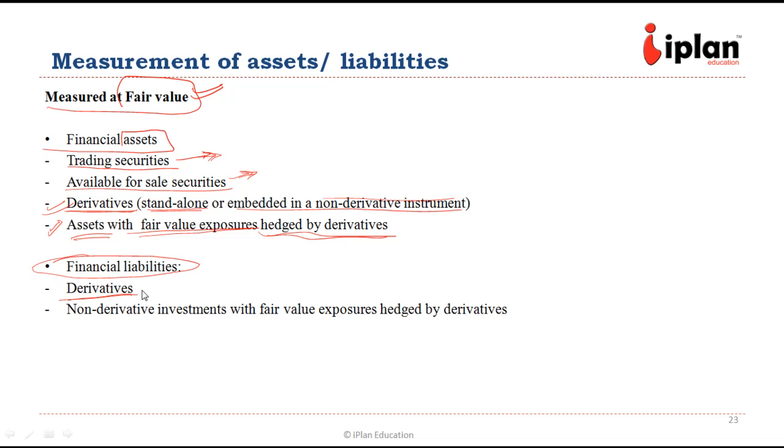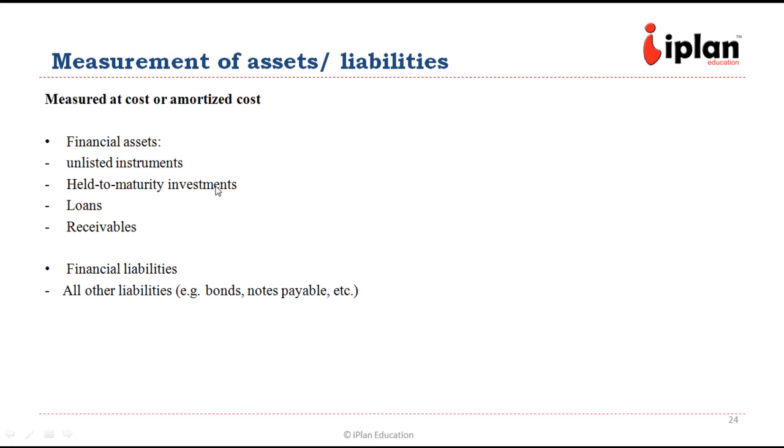Now similarly, the financial liabilities, if the derivatives are on the liability side, again they have to be put at fair value. And the non-derivative investments where their fair value exposure is already hedged by derivatives, in those cases also we will put the financial liability at fair value.